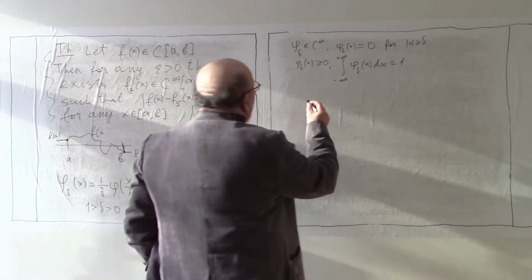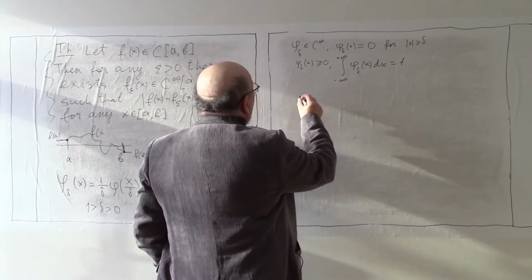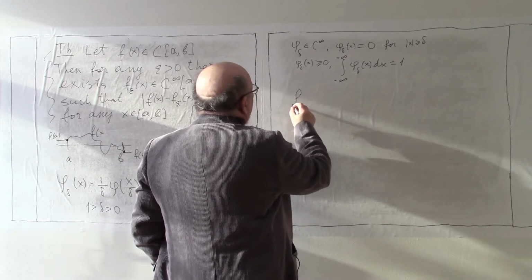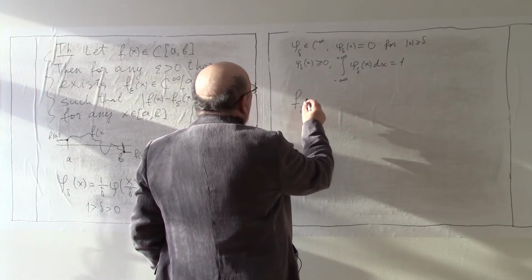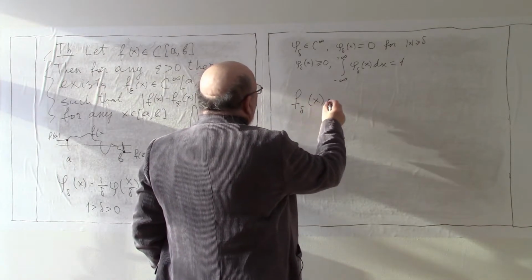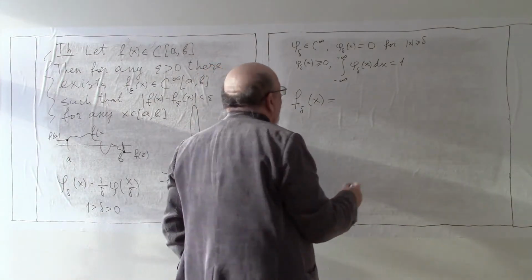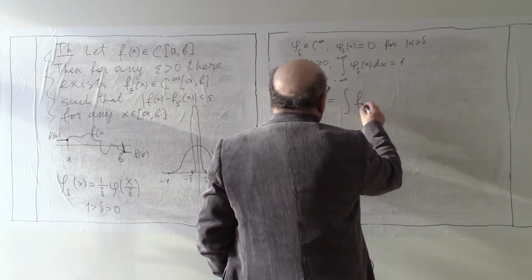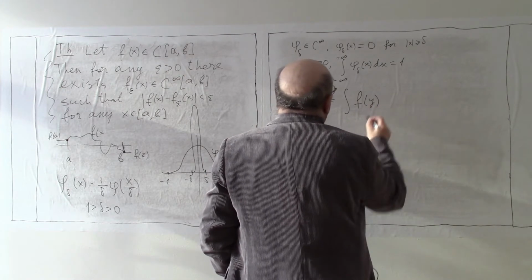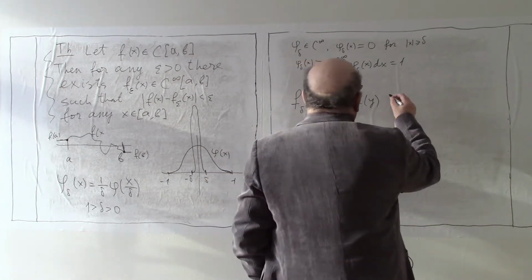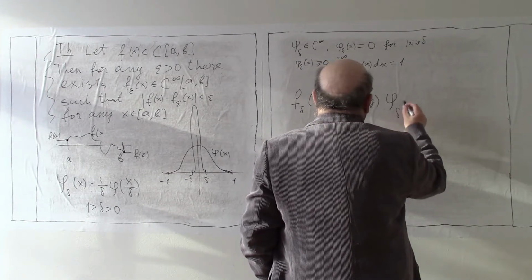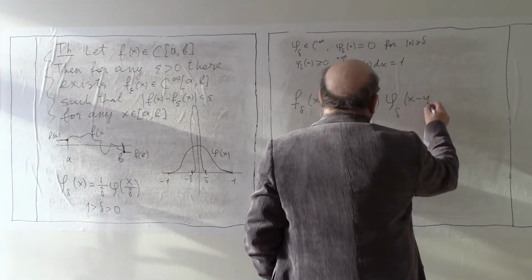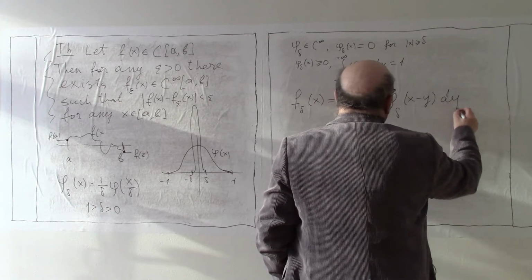And I define the following function: f delta of x equals the integral of f of y phi delta of x minus y dy.